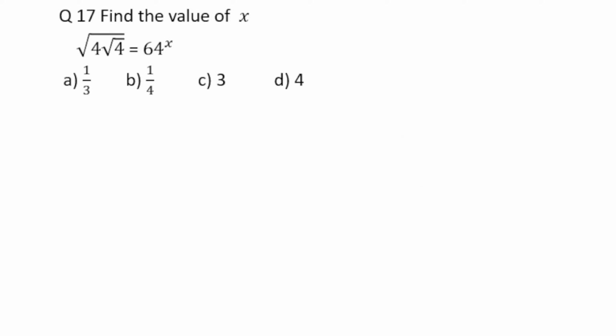Now move to question number 17. Square root 4 equals 64 to the power x. What we know is that root under a is the same as a to the power 1/2. Here in our question, we can write square root 4 as 4 to the power 1 over 2.